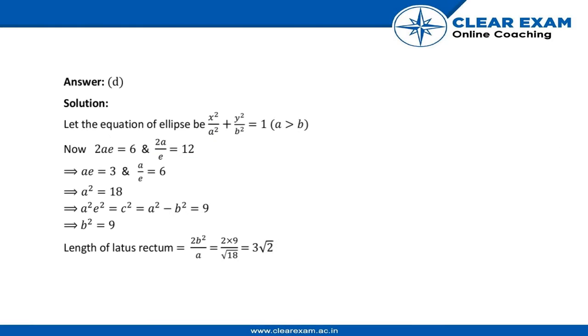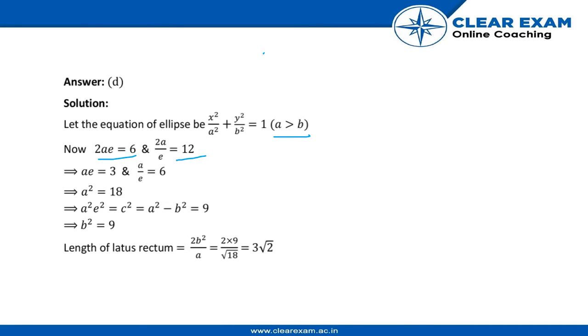Let's solve this question. So we know that the equation of ellipse is given as x squared by a squared plus y squared by b squared is 1, and a is greater than b, we follow this condition, and these two things are already given in the question.